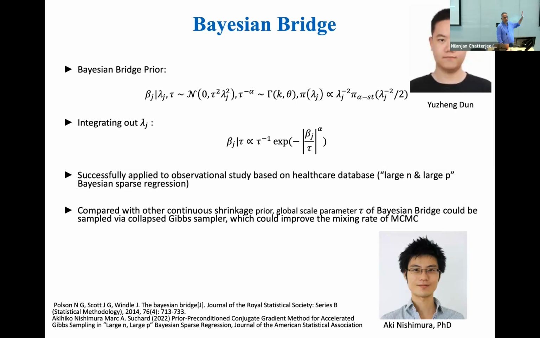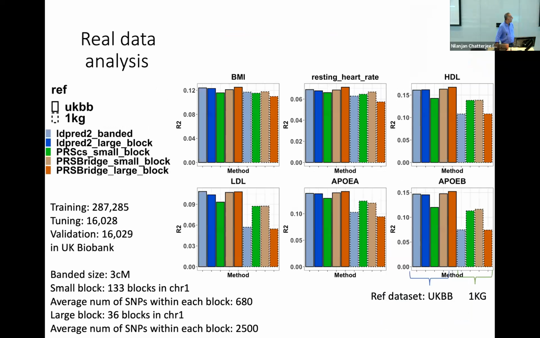But here alpha can vary from 0 to 2, so it allows for more flexibility, and you can treat it as a tuning parameter. And there's also some computational advantage, which is why people use this in the other literature. Because of this closed form nature, you can have better mixing in the Gibbs sampling for doing the MCMC, so things run much faster. So he said, okay, we'll throw it in the mix with the other ones and then do a thorough comparison.